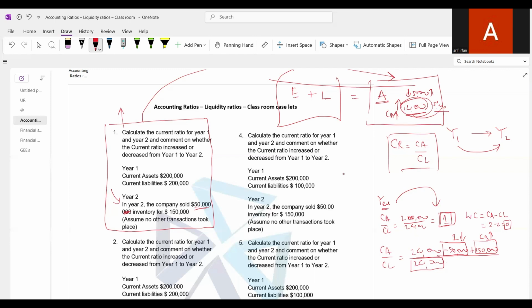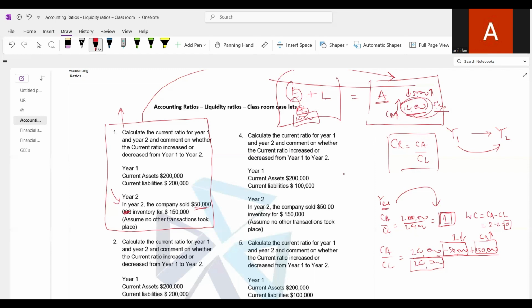This 100,000 profit belongs to the owner, payable to the owner. Anything payable to the owner will be included in shareholder fund equity in the form of retained earnings. So 100,000 goes and sits in the retained earnings. ऐसा ऐसा देखना है आपको ट्रांजैक्शन, ये कहाँ हिट करेगा.